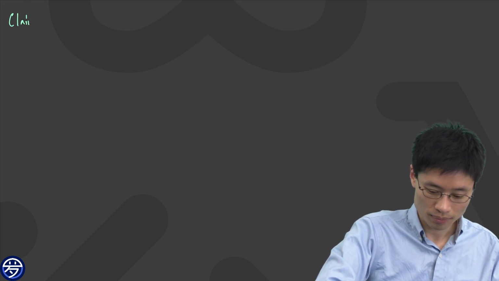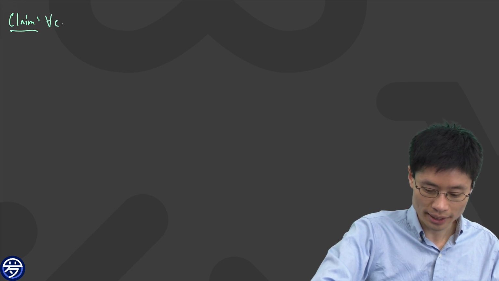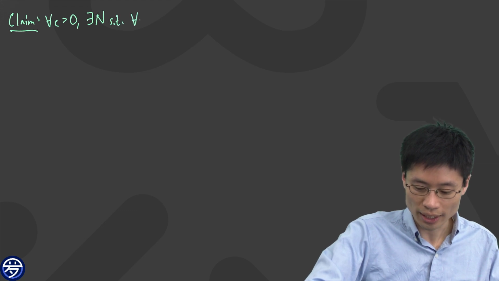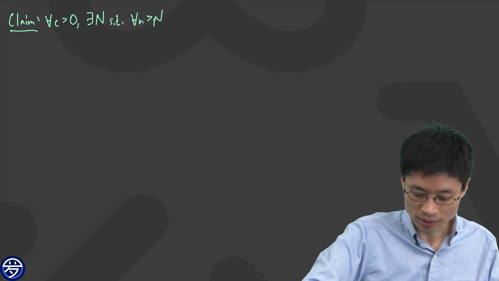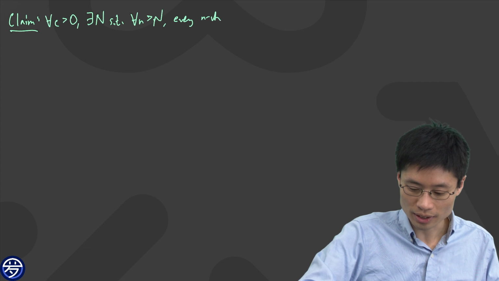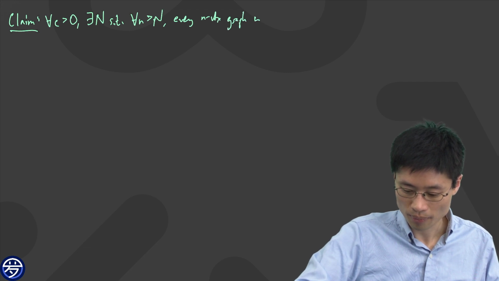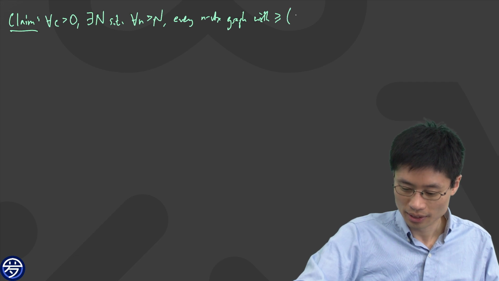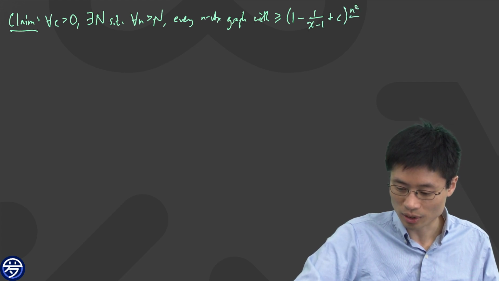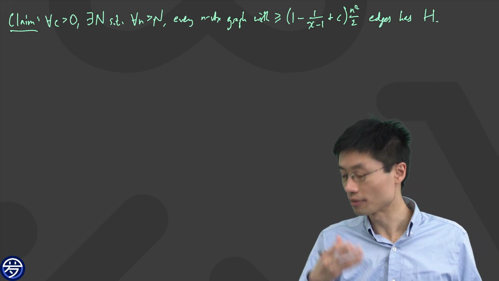So now we want to claim for every c which is bigger than 0, there exists a big N such that for any little n which is bigger than big N, every n vertex graph with at least 1 minus 1 over chi minus 1 plus c times n squared over 2 edges has H. Remember, H was fixed in advance.